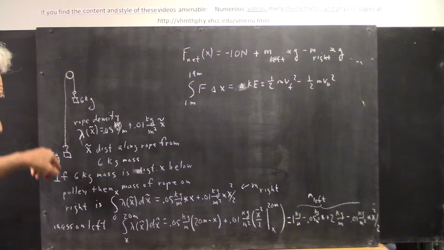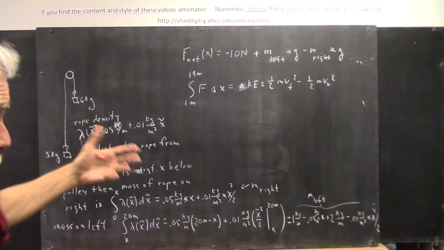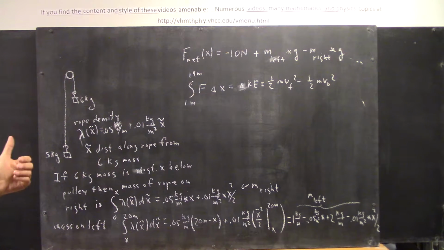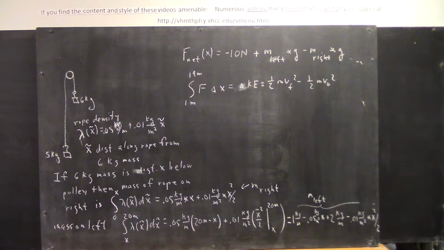And the mass on the left here will be multiplied by the acceleration of gravity, and that'd give you a positive force relative to the counterclockwise direction being positive, okay?